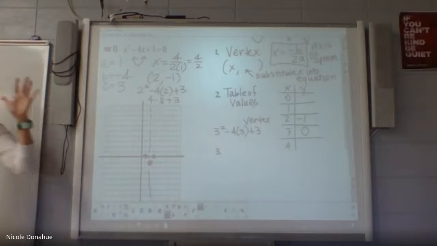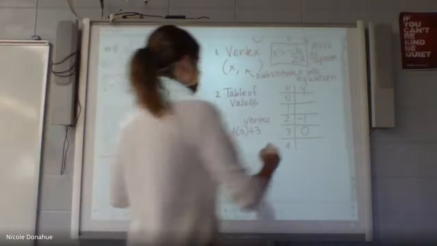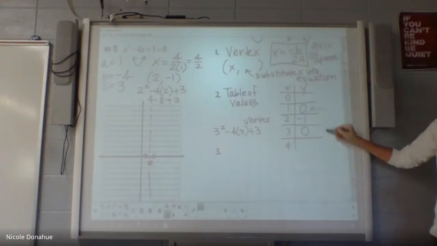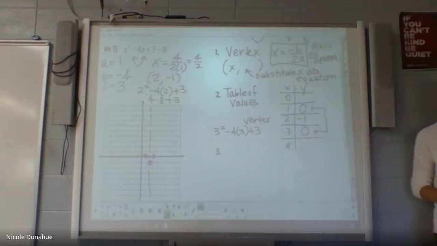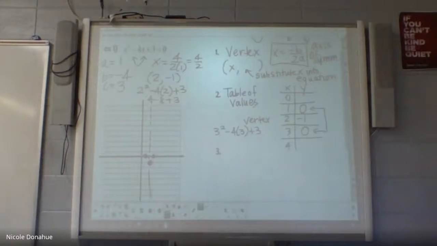So there should be symmetry on either side. So I already know that 1 will also be 0. So there's symmetry among the y coordinates. So you really only have to do half the numbers because the other one should match. Oh, interesting. This is really ringing bells now. Okay, good.